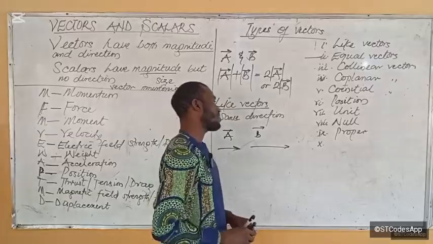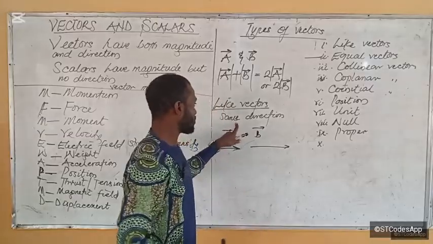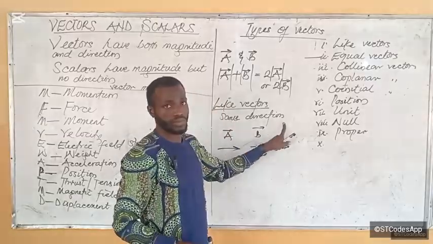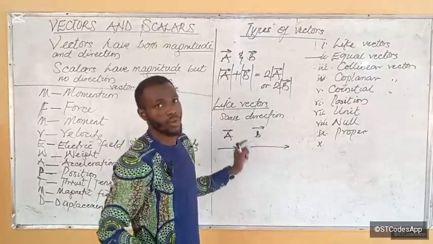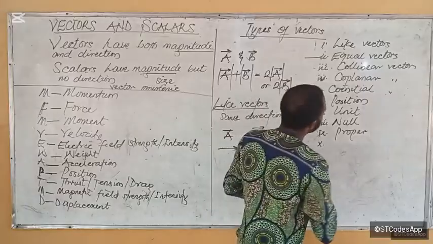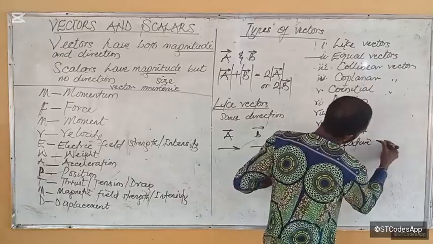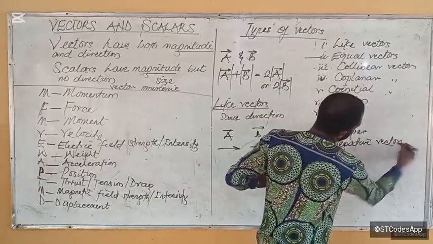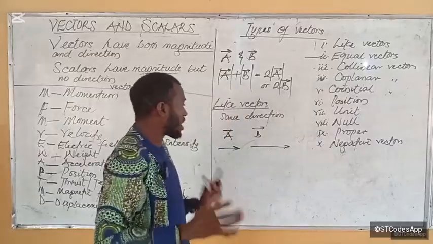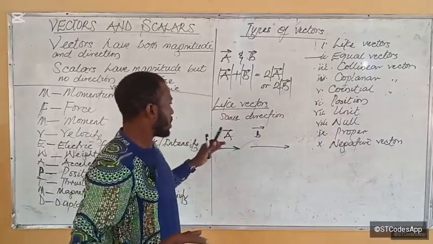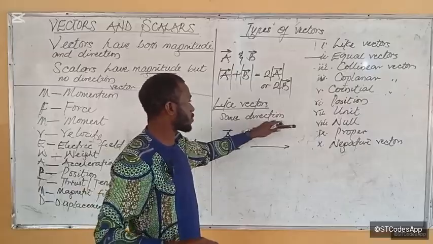All right. So what if they have different direction, but the same magnitude? What would they be called? They will be called negative vectors. Exactly. That's what I wanted to remember. So this time they are equal in magnitude, but they have different direction.